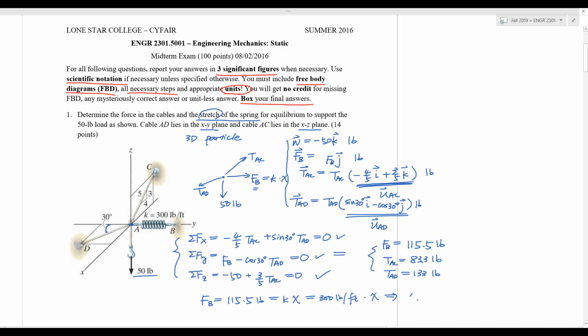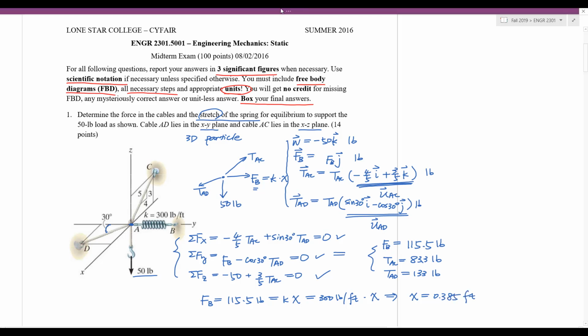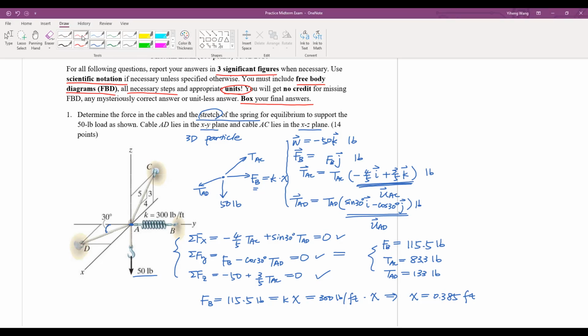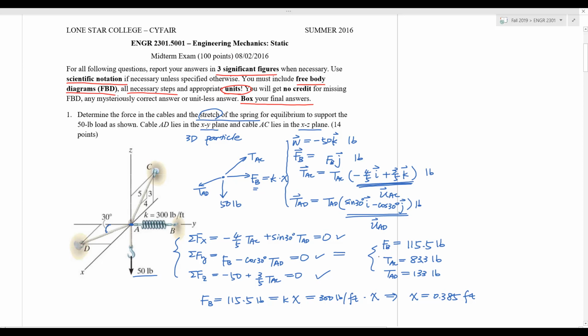From there, you can solve for x, which is the stretch of the spring, and that equals 0.385 foot. So that's the answer for this problem: the two tension forces in cables AC and AD, as well as the stretch of the spring.